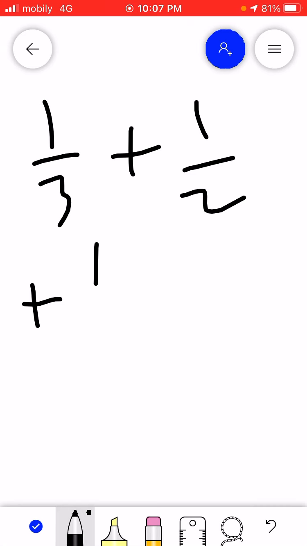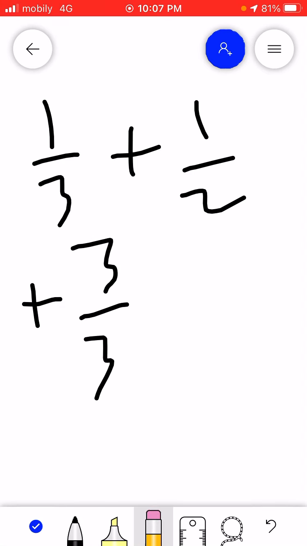1 over 3, we know that we can make it as 3 over 3. Half, how do we get a common denominator of 3 using the half? Well, we cannot just put 3 over 2 over 3. That does not make sense.